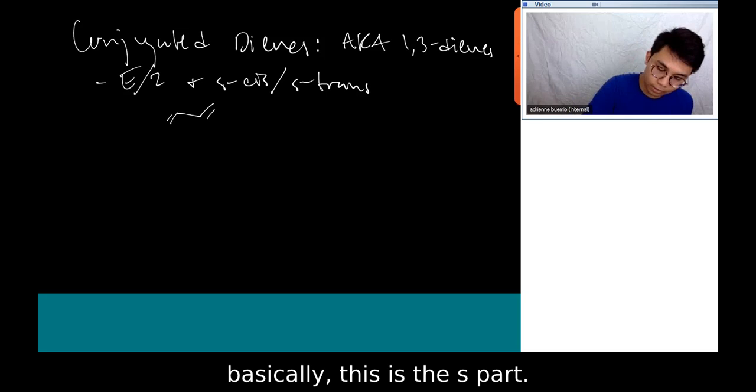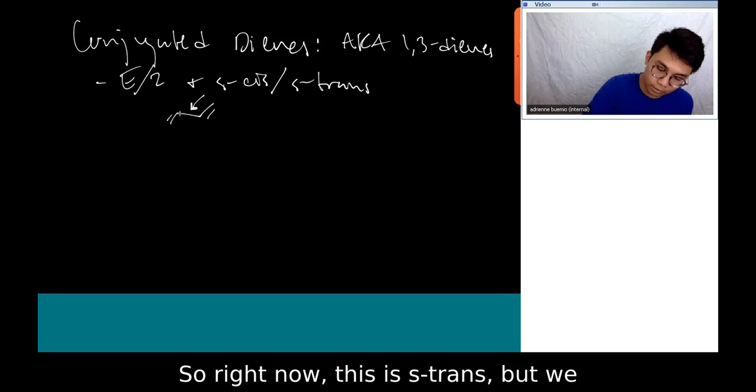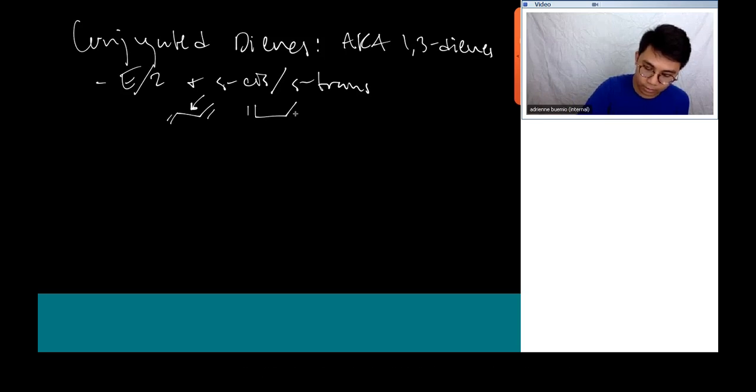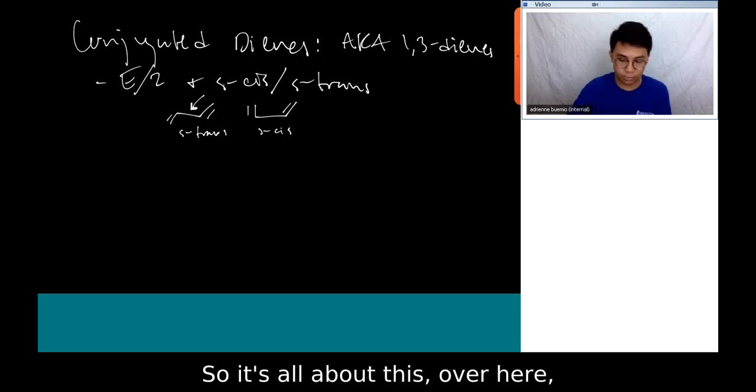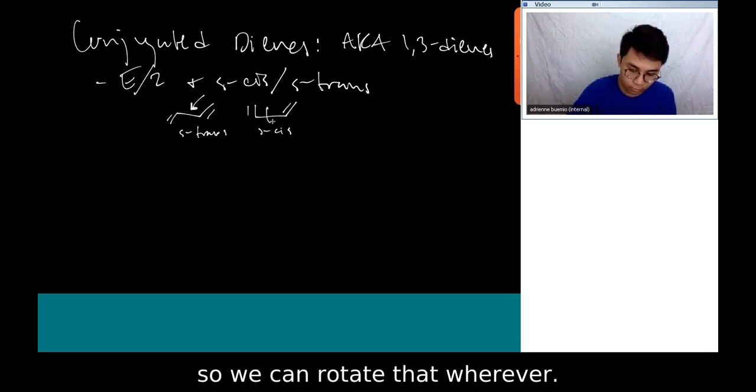This is the S part. Right now, this is S-trans, but we can rotate it to make it S-cis. So S-trans, S-cis. It's all about this bond over here, so we can rotate that wherever.